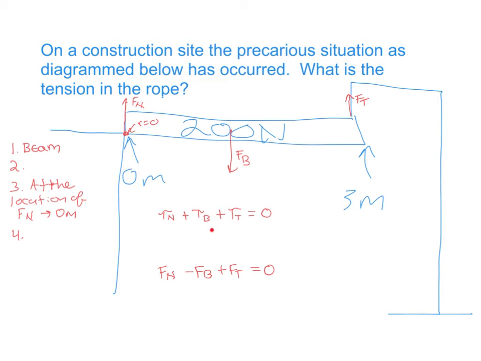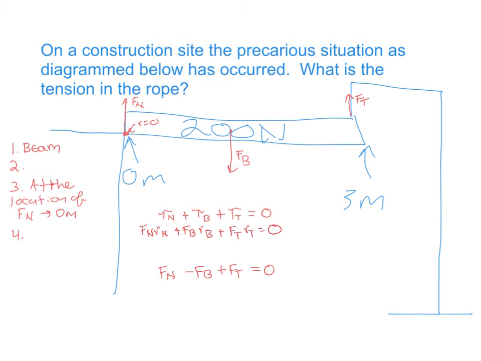So we're going to go up here into the torque and take advantage of the fact that we set r equals 0 where the normal force is. So I'm going to do normal force times r normal plus force of weight times r of weight plus force of tension times r of tension equals 0.